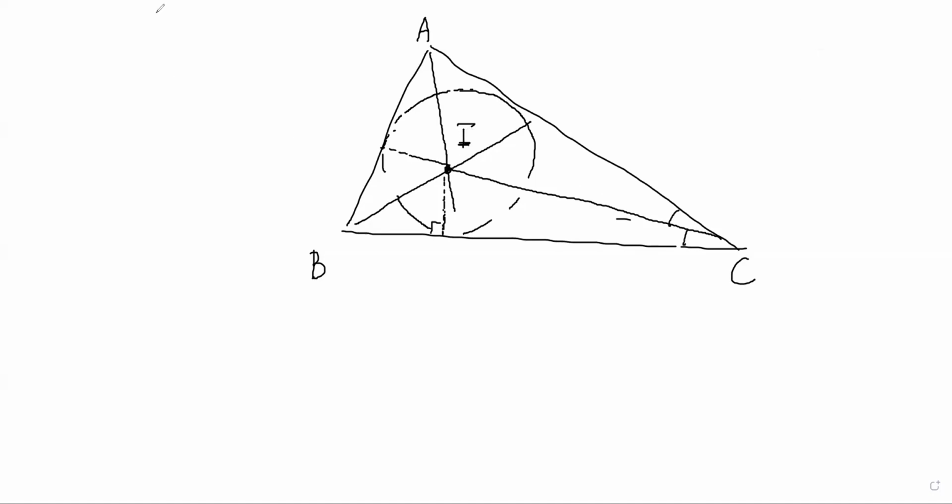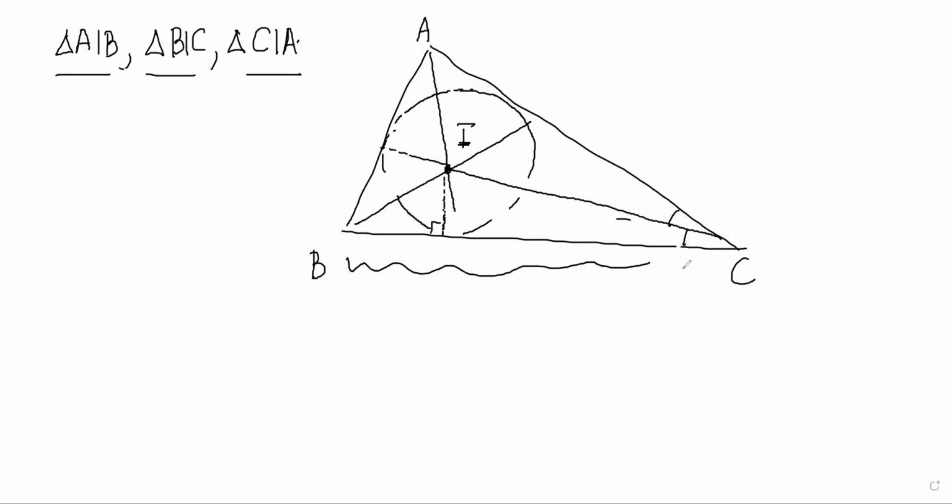So we are getting three different triangles: triangle AIB, triangle BIC, and triangle CIA. These three triangles, if you think about it, what is the area of BIC? Half into a into the perpendicular distance, which is small r.